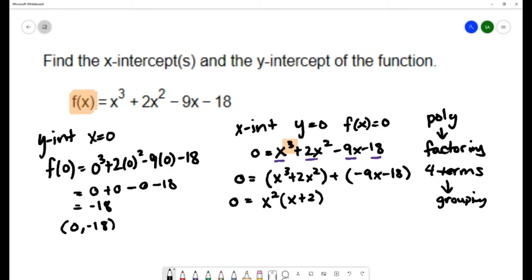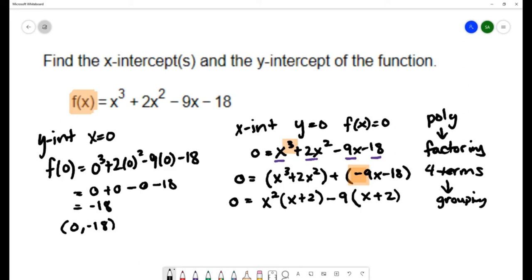This group is negative 9x minus 18. The 9 and the 18 have a greatest common factor of 9. 9 goes into 9, 9 goes into 18. I also have a negative here, and so I want to factor that negative out as well. So I'm factoring -9 out, and I'll be left with x plus 2.